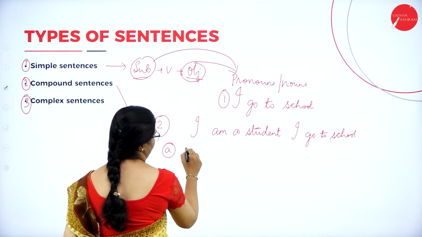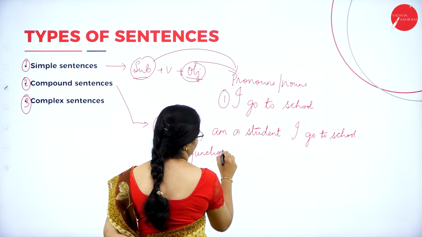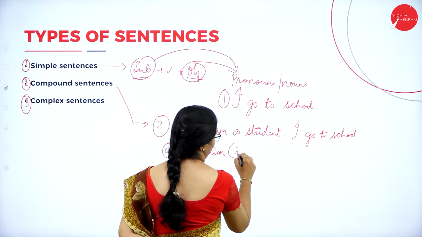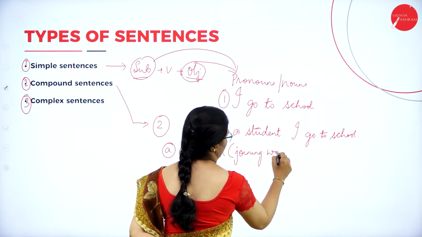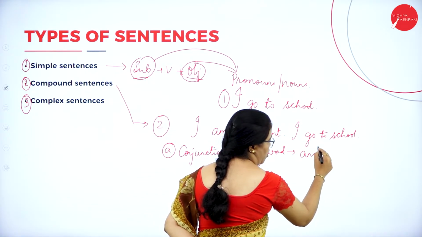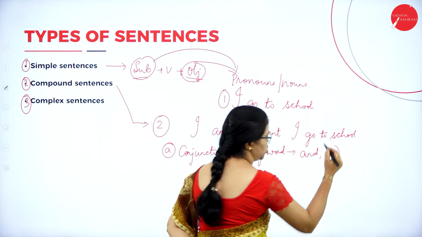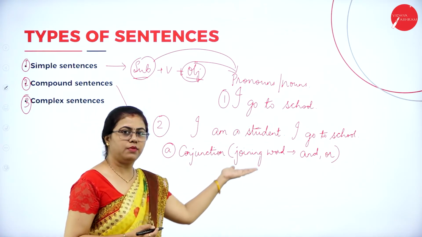One way of combining is by adding a conjunction. What is a conjunction? A conjunction is nothing but a joining word. For example, you can use and, or, all these. So these are called conjunctions.